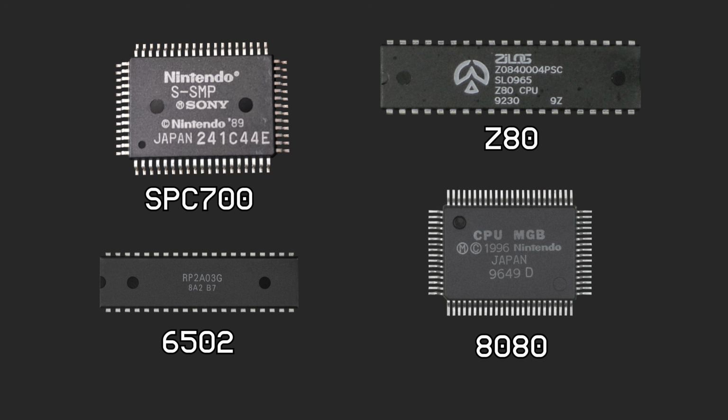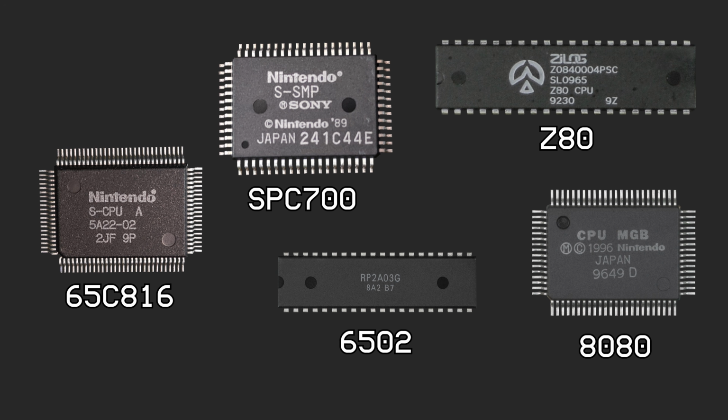Using a 6502 would have allowed for code to be shared between the two processors if that was desired for some reason, since the 65C816 has a 6502 emulation mode that allows it to run code just like a 6502. In fact, rigging up the audio system with a 65C816 of its own would have worked as well, even if it would have been a bit overkill.